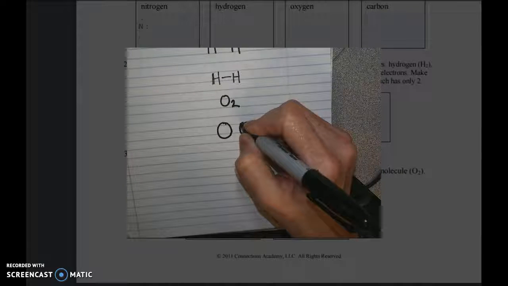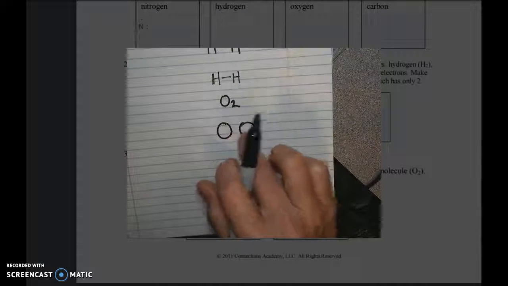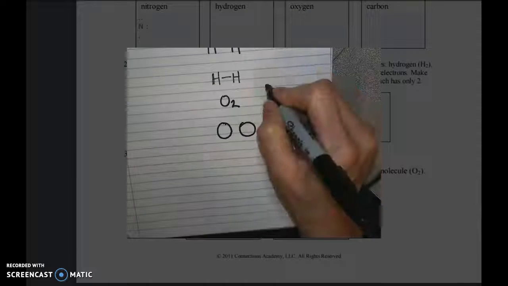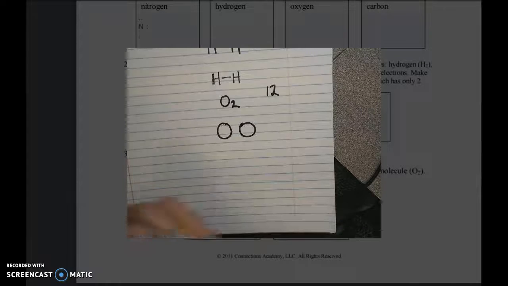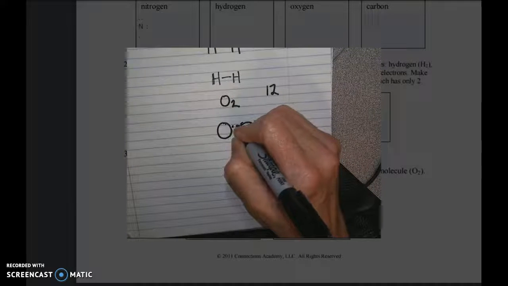So oxygen, there's only 2 atoms. We have 12 total, right? 6 on each. So we need to divide this up so they each have 8. 8 plus 8 is 16, so that doesn't really make a lot of sense. You can't just evenly distribute them around there. So they're going to have to share more than one pair. So I'm going to have them start off by sharing 2 pairs.